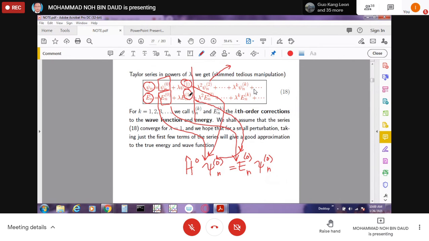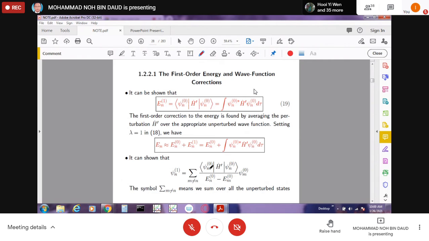This one and this one in terms of psi 0. And also the manipulations, the derivations, are very tedious and quite lengthy. You can prove this: the first order energy correction is actually the average, or the expectation value, of the perturbation.